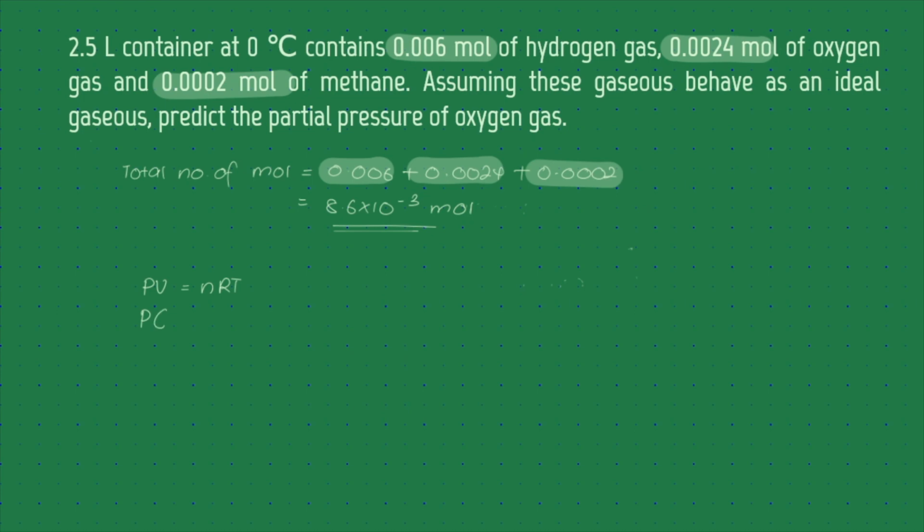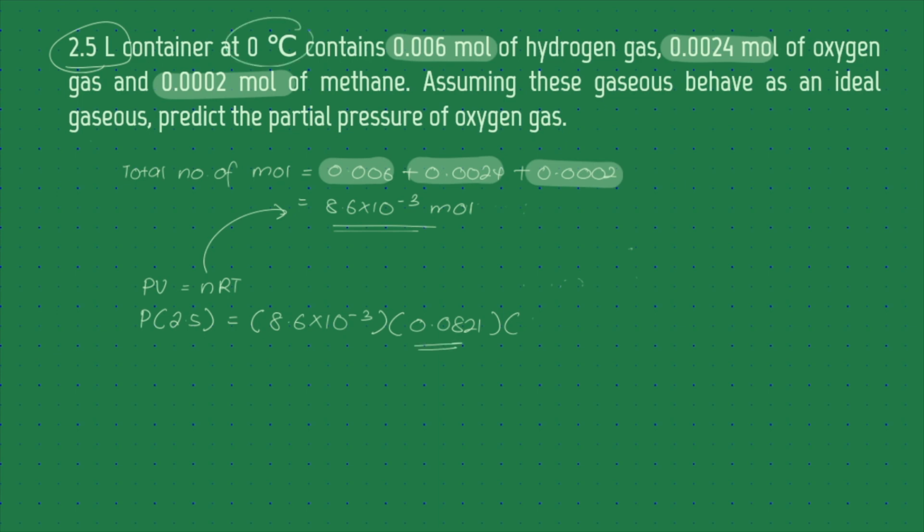P is the one that we are going to calculate, and your V is 2.5 because the container is 2.5 liter. Your n is actually the total number of mole, which is 8.6 times 10 to the power of negative 3. R is the gas constant, 0.0821, and your T is 0 degrees Celsius.